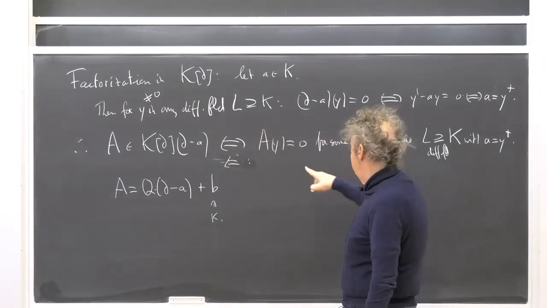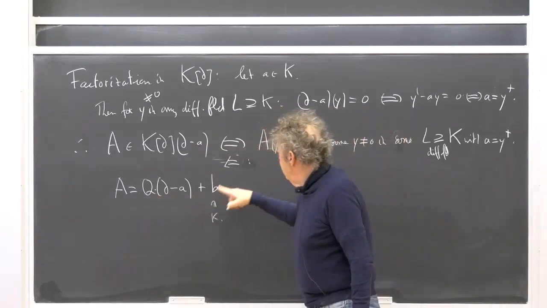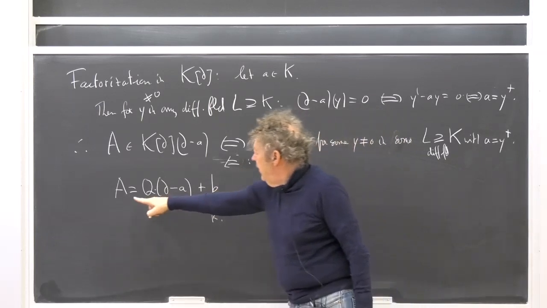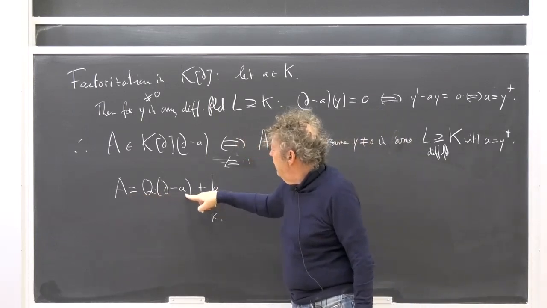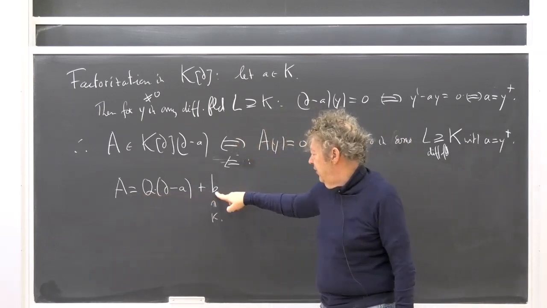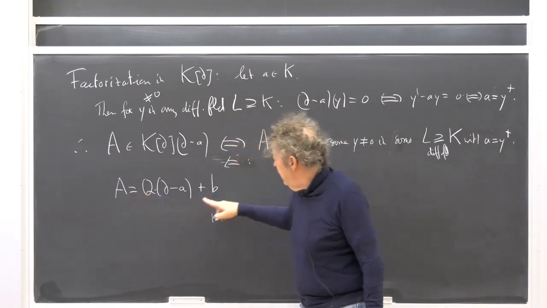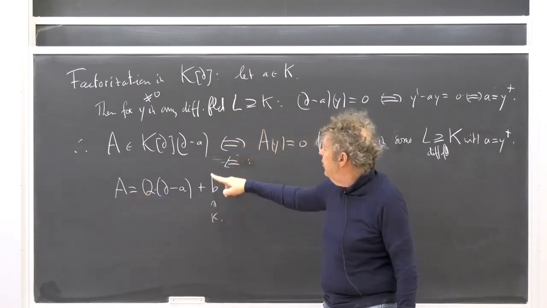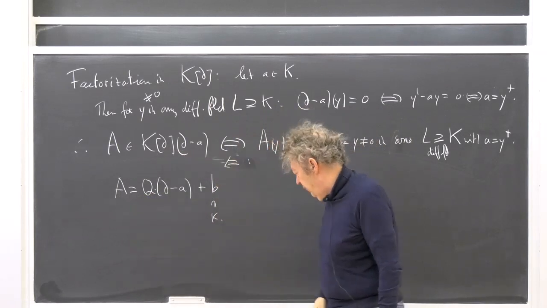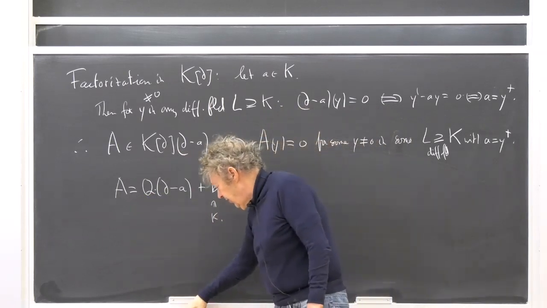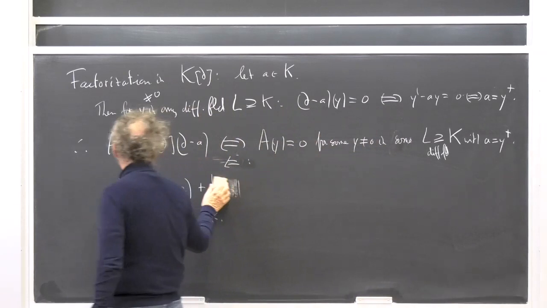If you write it this way and the operator vanishes at y, then plug it in: this part will vanish, and since the whole thing also vanishes, B is 0. And so you get that the operator is indeed of this form. Anyway, that is just a small observation.